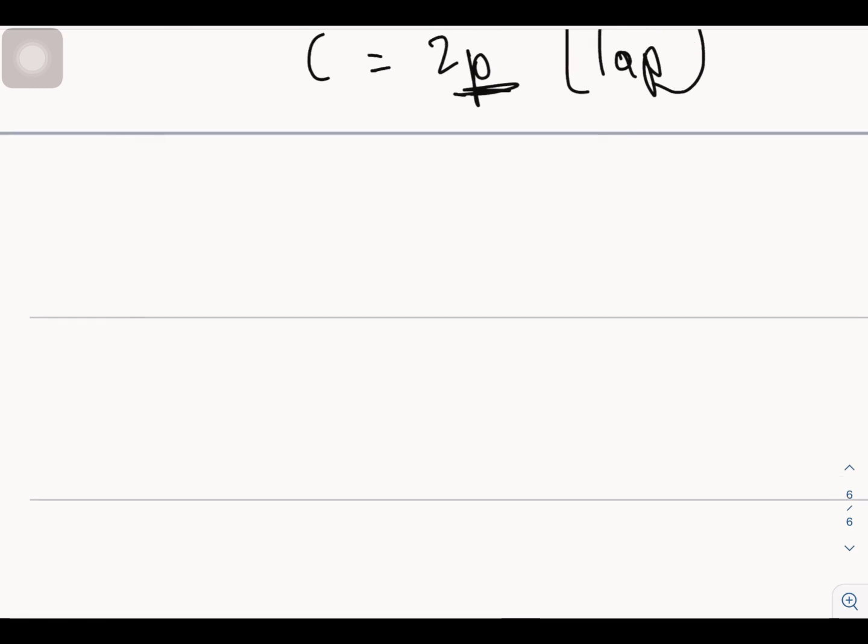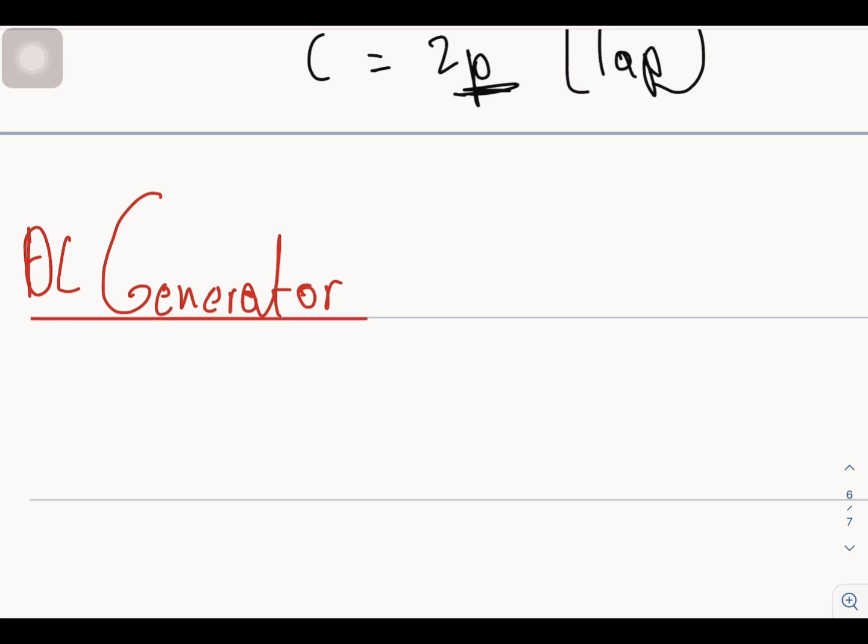So the first machine that I want us to start talking about here is the DC generator. The first equation of the DC generator that I'm going to mention is the EMF equation of the DC generator.